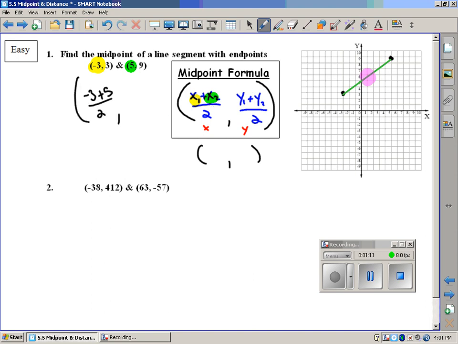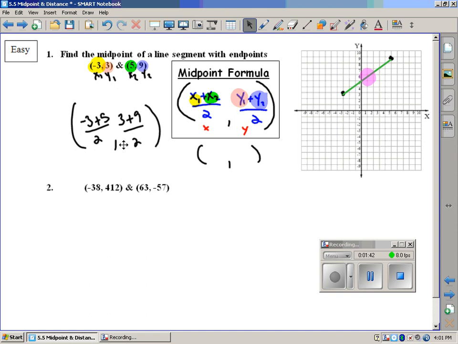It also says to take the first y value and the second y value, and divide them by 2. So we'll take 3, add it to 9, divide it by 2, and by averaging the first x and the second x, and the first y and the second y, we'll find our midpoint.